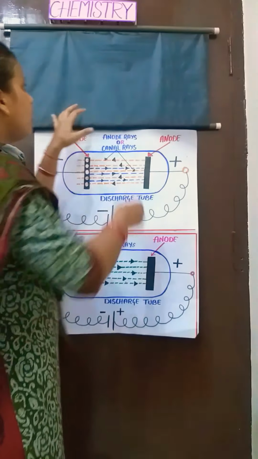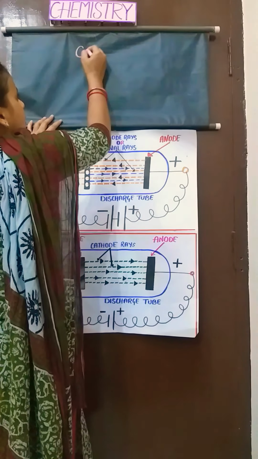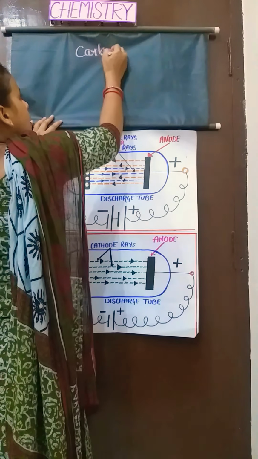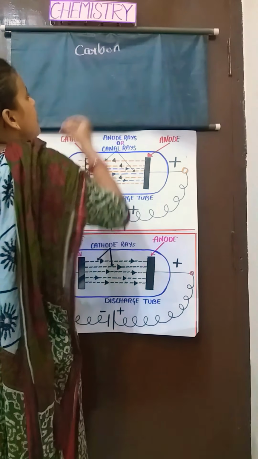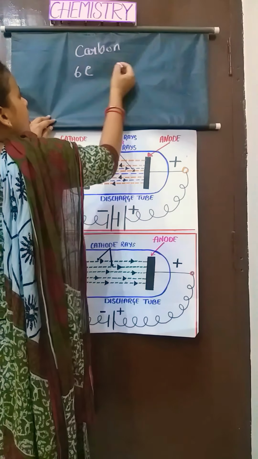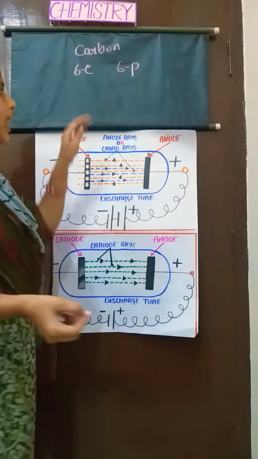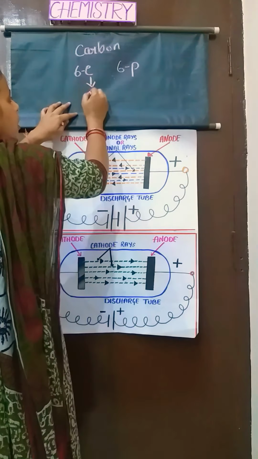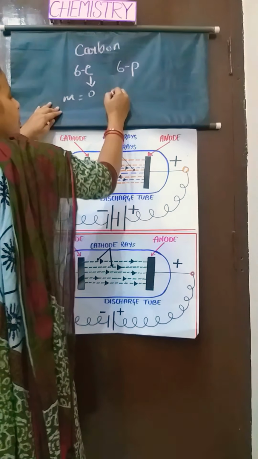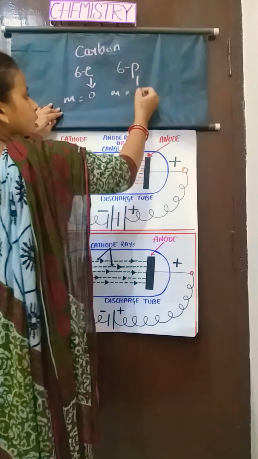Let us take example. We all know about the carbon atom. So carbon contains 6 electron and 6 proton. As we all know, the mass of electron is what? 0, and the mass of proton is what? 1.